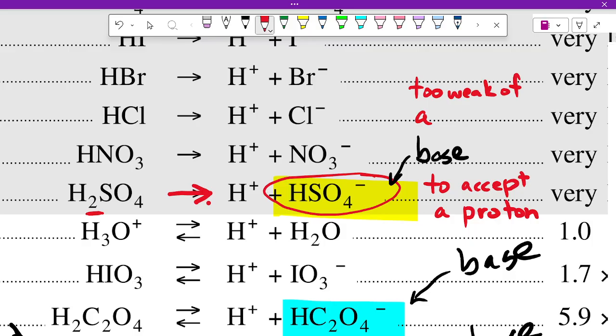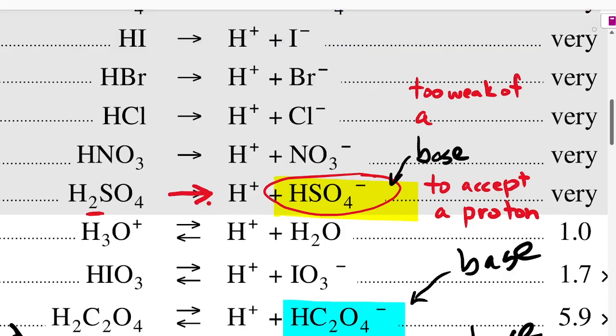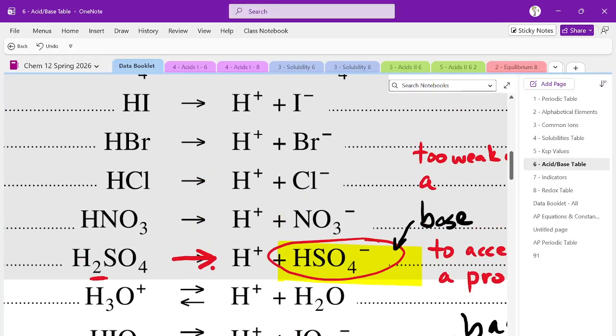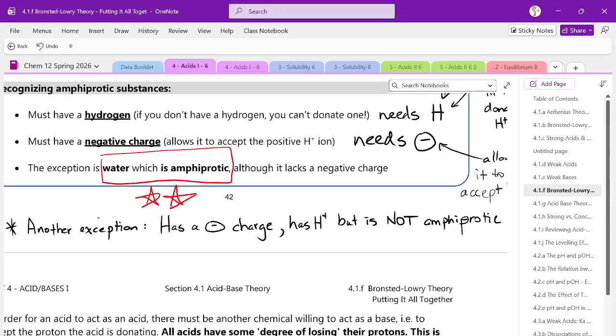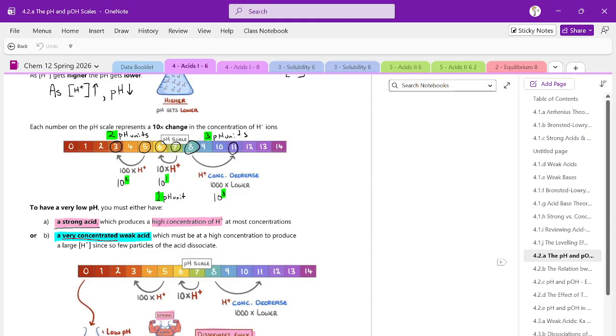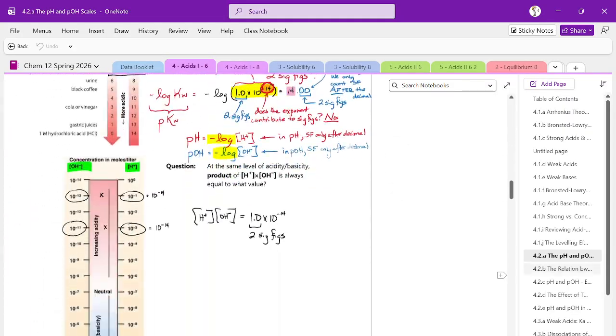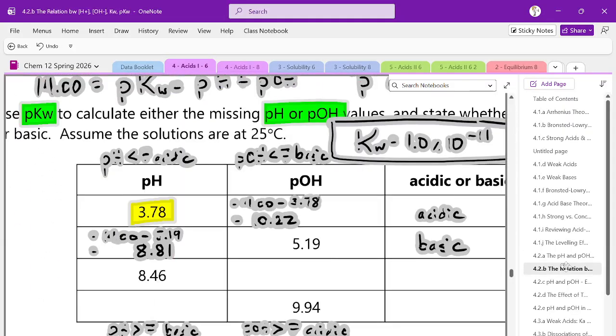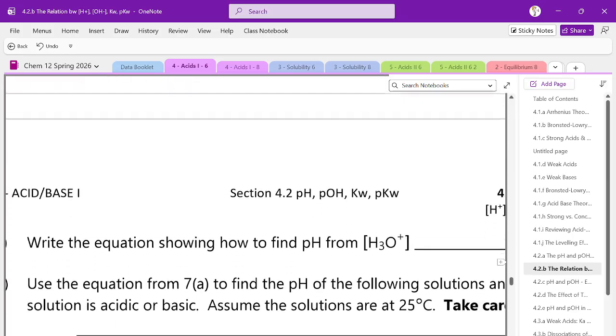Okay? Yes. All right. Now, I would like you guys to finish off what we didn't finish last day. This will get you through all that pH stuff. We went to page 81.